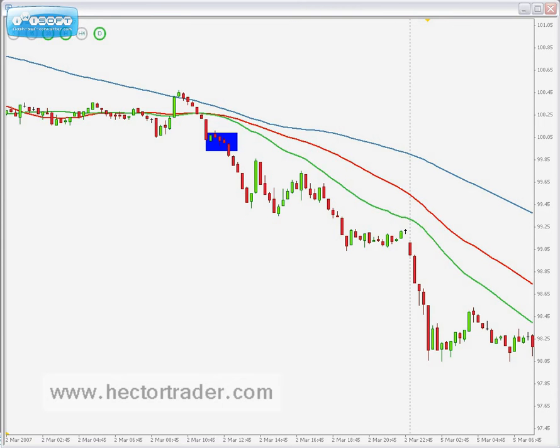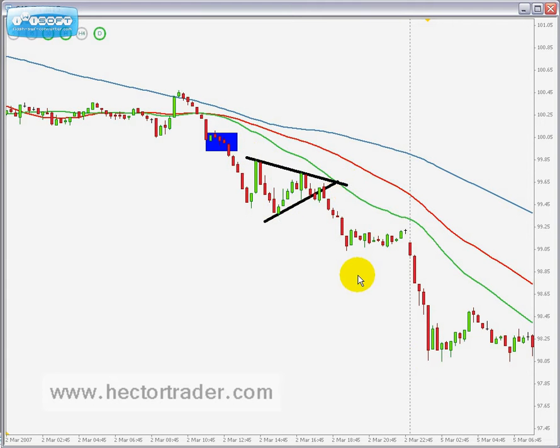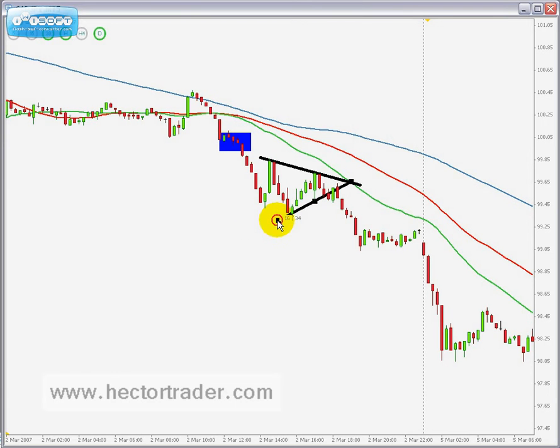You probably may recognize it. Have a look here. Let me show you. I'm sure you're going to recognize this formation right there. You see that? It's a triangle, guys. Let me define it a little bit better. That's it. It's a triangle.